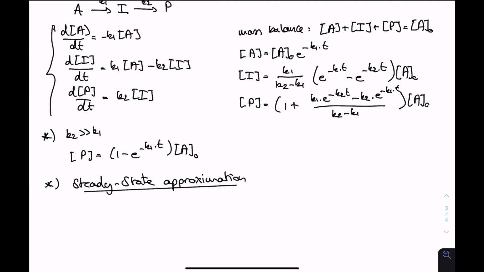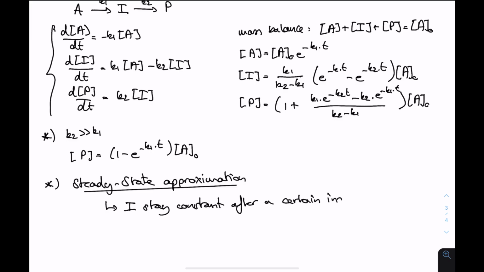Okay, so you say that the intermediate stays constant after a certain induction period. Right, so it's like saying dI/dt is roughly 0.